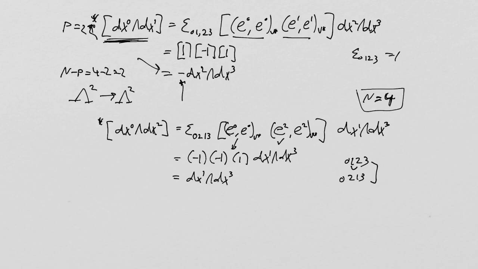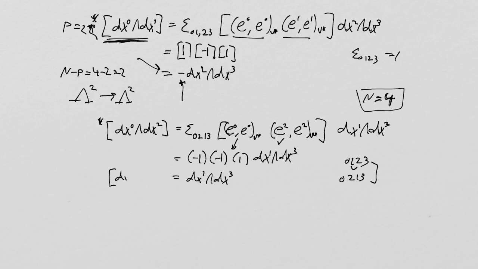So here's a case where the Levi-Civita stuff that tracks these indices contradicts the sign flip driven by the pseudo-Riemannian nature of the metric, right? And you end up with a positive sign. So you end up with the Hodge dual.